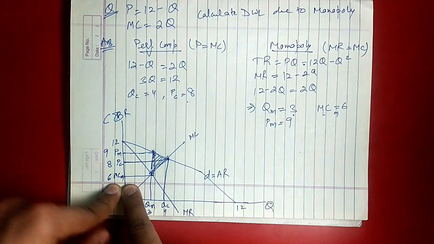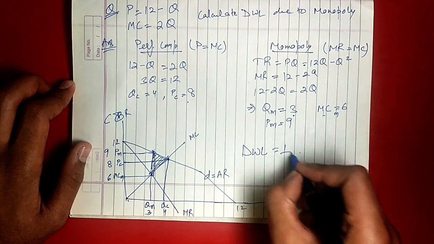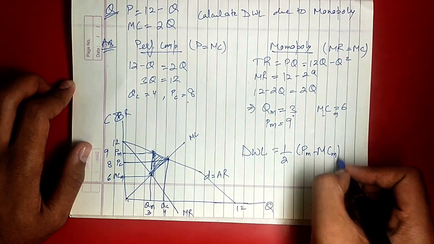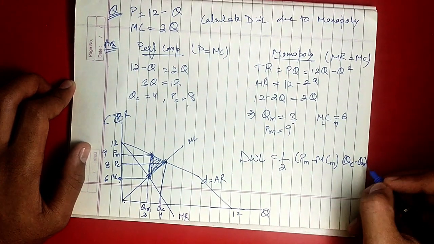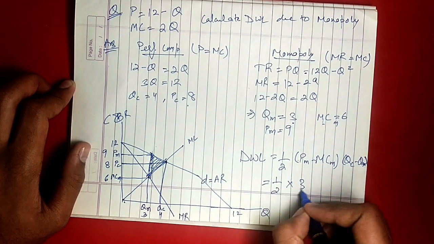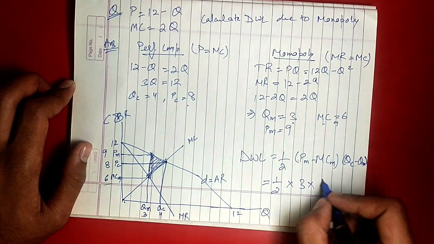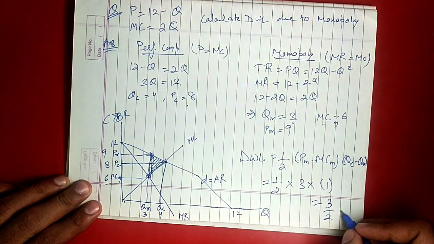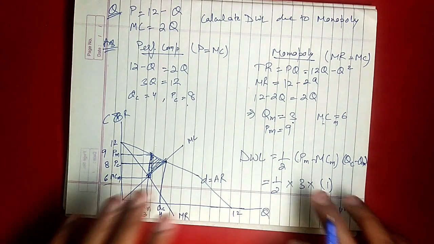That's why we calculated MCM. So we derive our deadweight loss formula: half into PM minus MCM into QC minus QM. It is the normal formula of a triangle. So half into 3, as 9 minus 6 is 3, and 4 minus 3 is 1, into 1. So deadweight loss is 3/2 units. It is as simple as this.